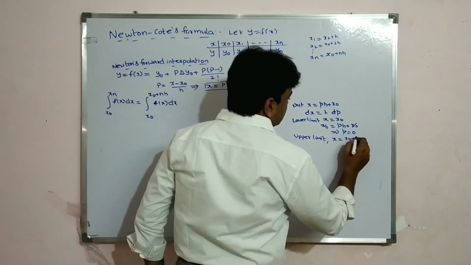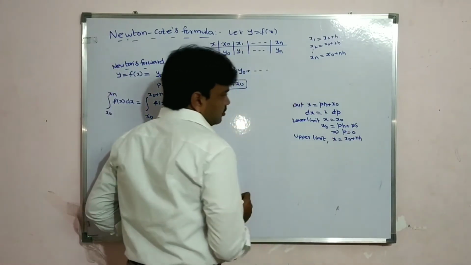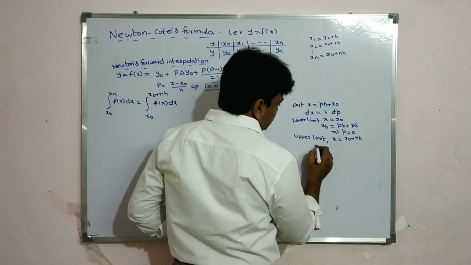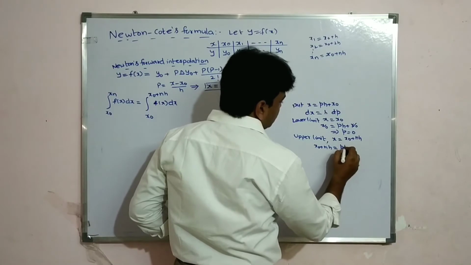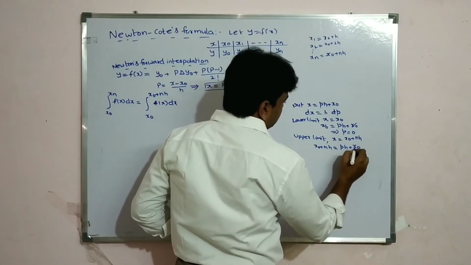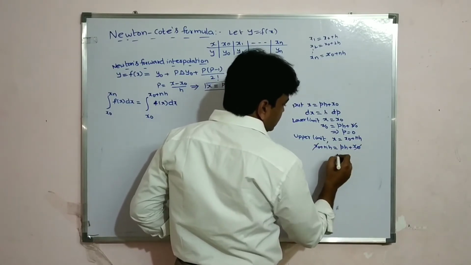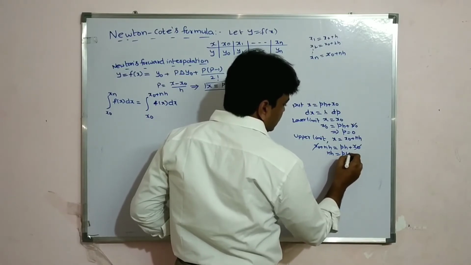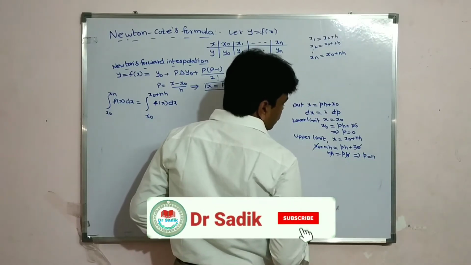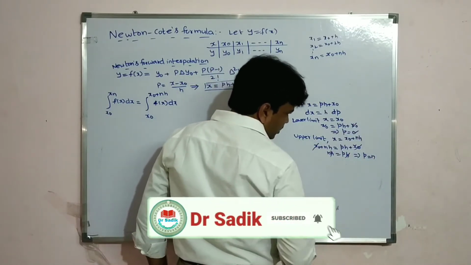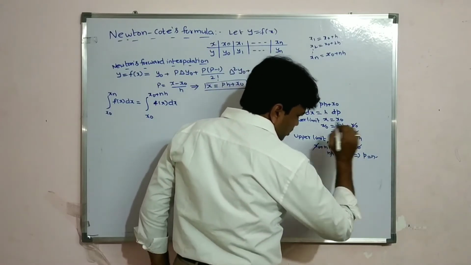You substitute here, x naught plus nh is equal to ph plus x naught. Again x naught cancel. Now that implies nh is equal to ph, h cancel, that implies p is equal to n. Now what is lower limit, students? 0. What is upper limit? n.